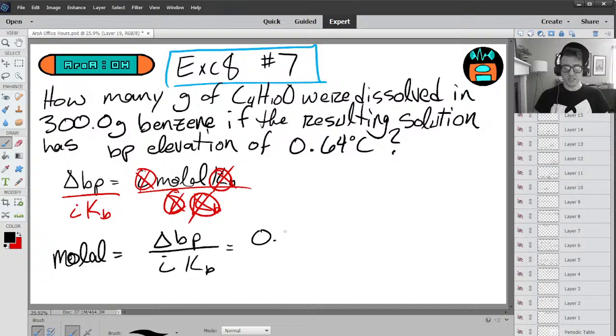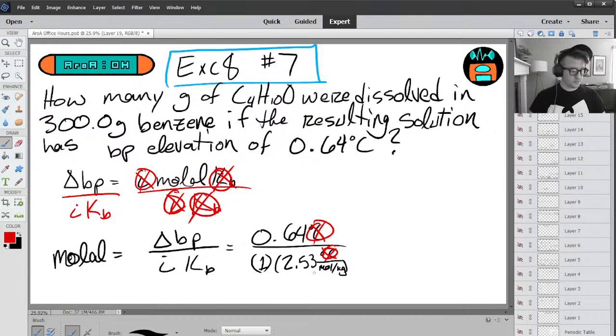Our change in boiling point is 0.64 degrees Celsius. I is 1. Kb is 2.53. This is degrees C over moles per kilogram. Degrees Celsius cancels. So we can find our molality by dividing 0.64 by 2.53.